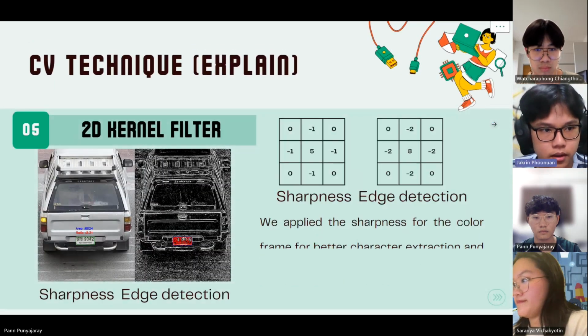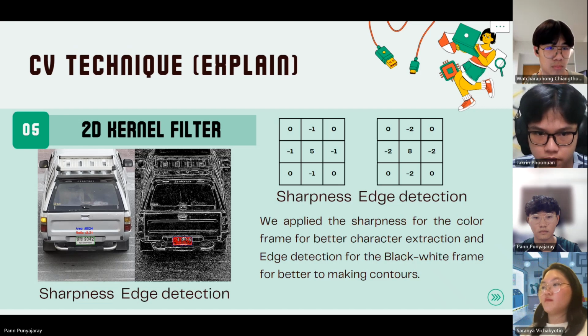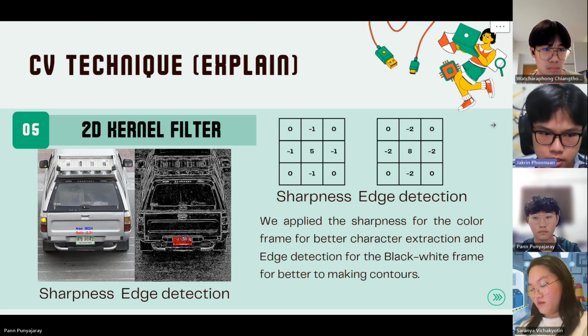Next. And the fifth one, the 2D kernel filter. This technique enables the algorithm to detect the license plate, because the contour on its own cannot detect the license plate.